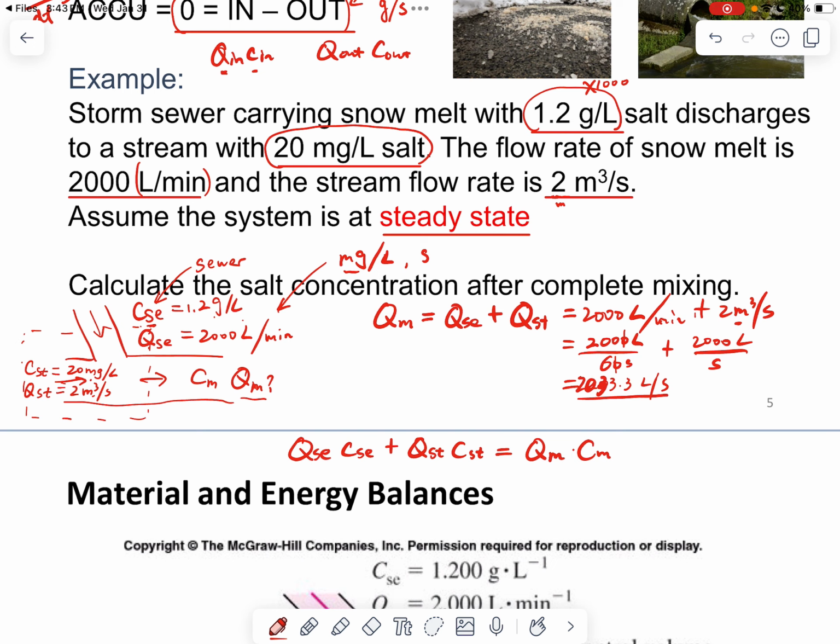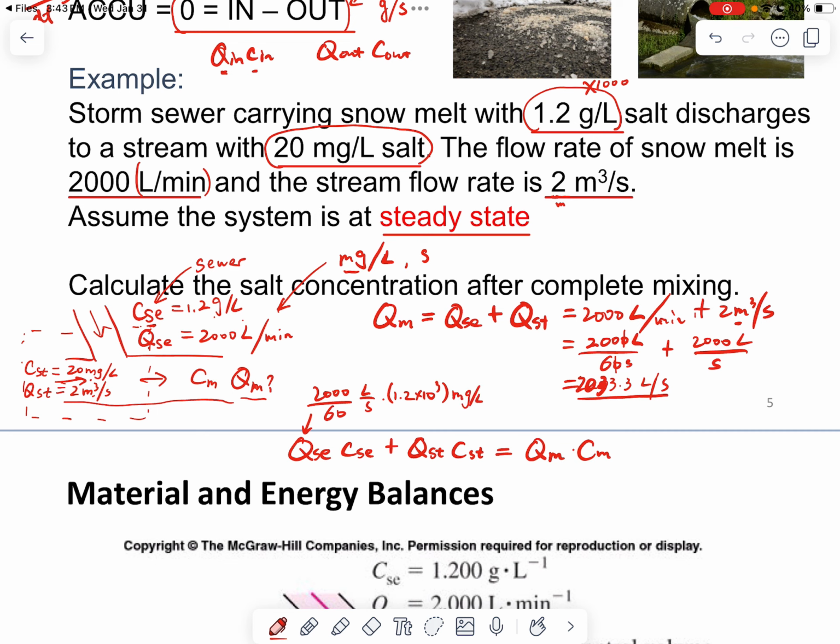Now if you plug in the numbers, QSE is 2,000 divided by 60, because you want to use liter per second. And then CSE is 1.2 multiplied by 10 to the 3 milligram per liter.